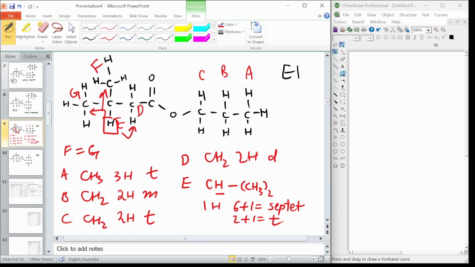So again, that becomes quite a complex set of data, and we're just going to go, thank you very much. We'll put it as multiplet. So it's multiplet.